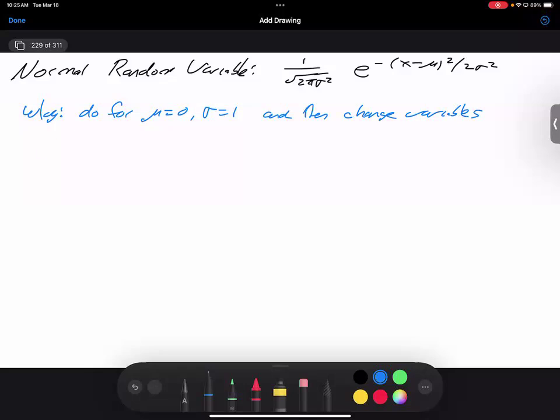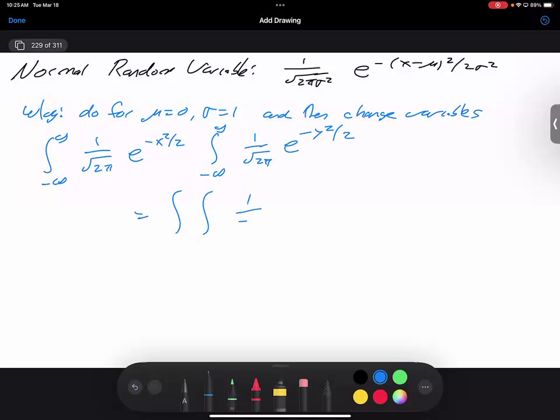And you can write the integral from minus infinity to infinity of 1 over square root of 2 pi e to the negative x squared over 2, times the integral from minus infinity to infinity of 1 over square root of 2 pi e to the minus y squared over 2, as the double integral of 1 over 2 pi e to the negative x squared plus y squared over 2 dx dy.